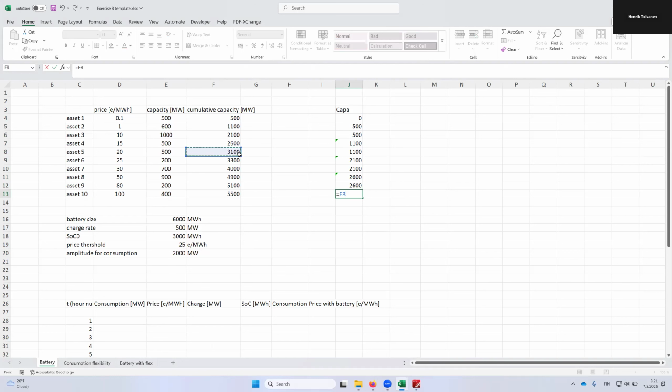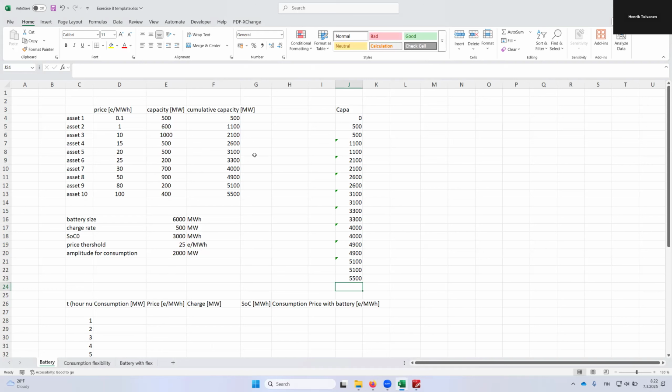So we're just going to say that always the next capacity number, and the next is going to be the previous value. And I'm going to put cell references in here in order for us to change the capacity. And the final one, I guess, is this one.